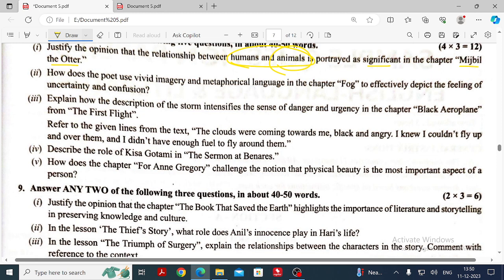Mitchell, the author, is getting into the point of the relation between humans and animals, how they feel very lonely. Listen here, first row, you should note that point, the most important points.